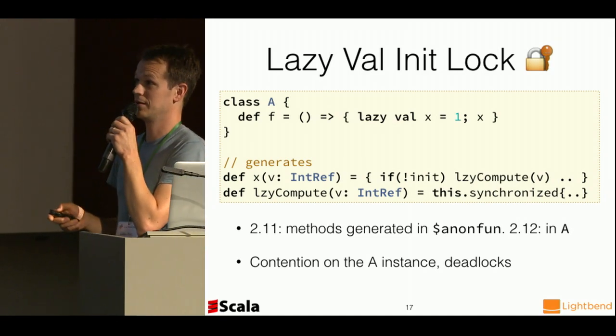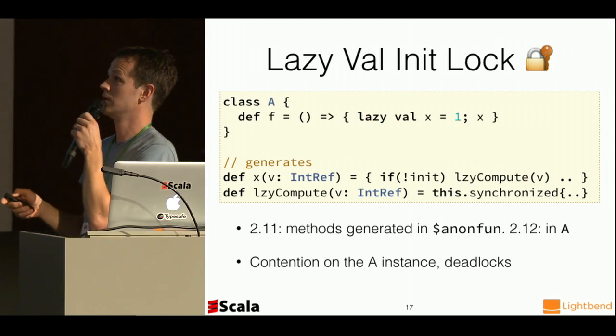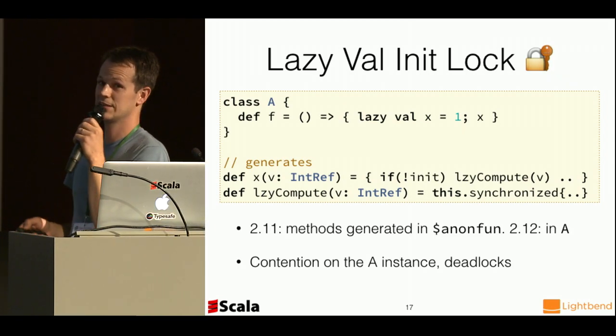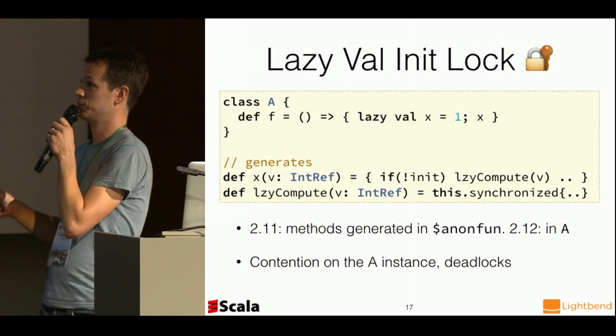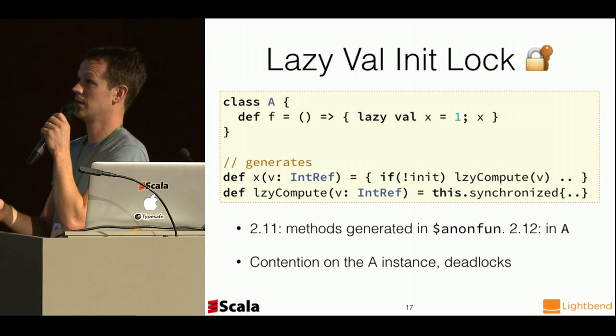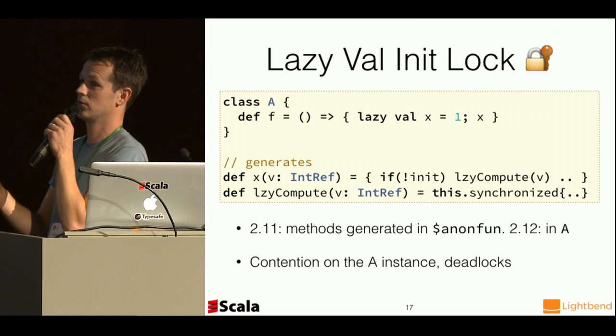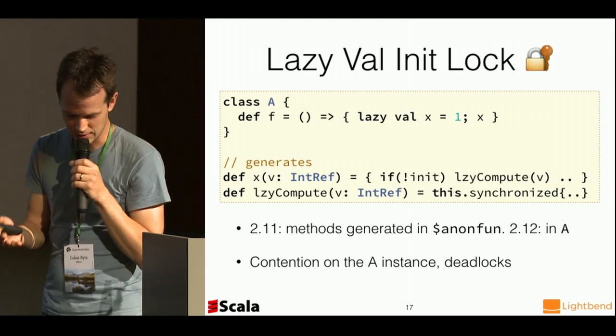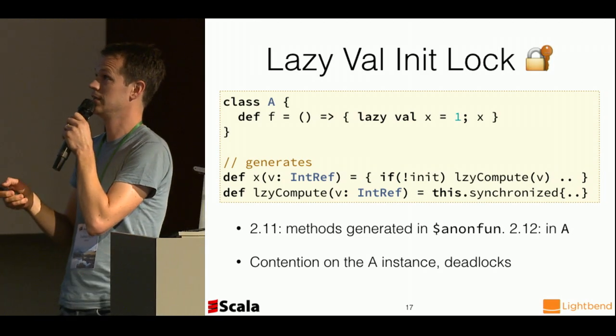We do that by synchronization. If we just do the simple translation that we always had, you end up with something like this. You get an accessor for the lazy val x, and the int value that is finally stored and returned is an IntRef.